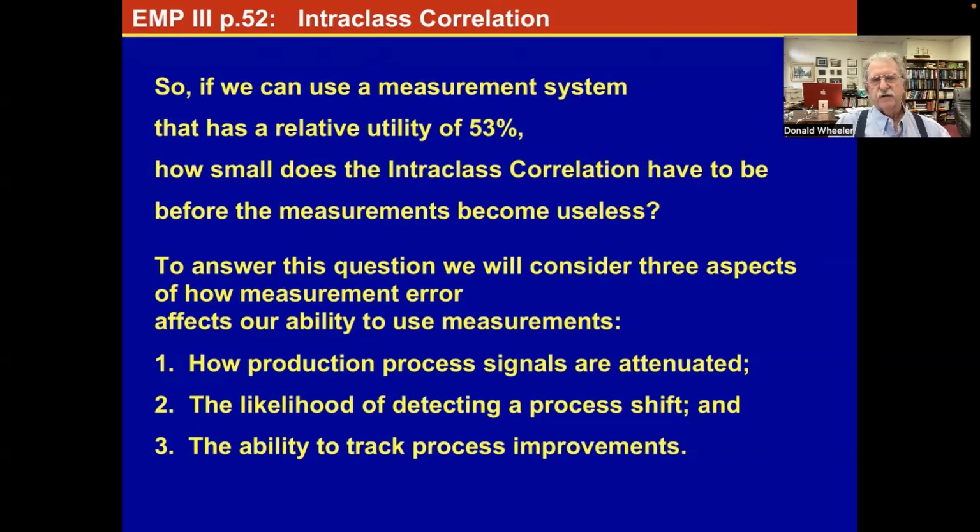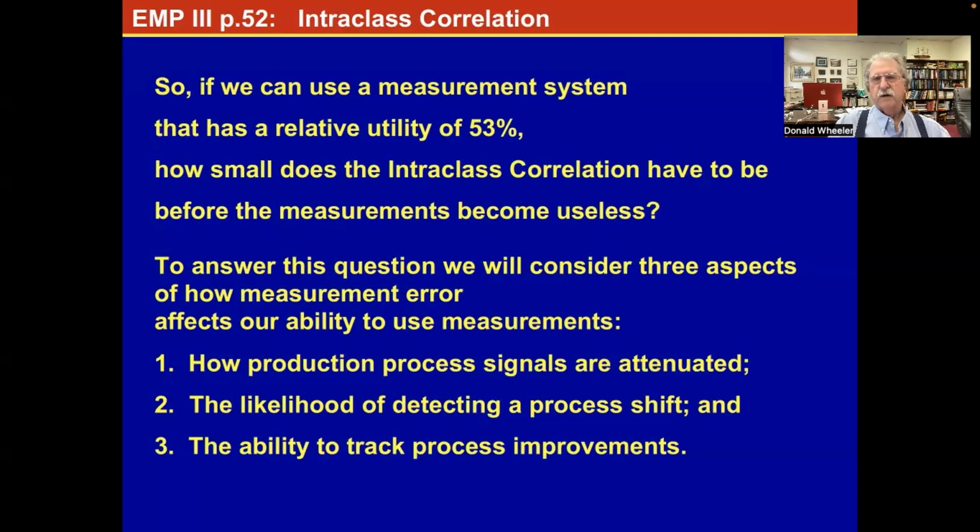To answer this question, we will consider three aspects of how measurement error affects our ability to use measurements. Number one, how a production process signal gets attenuated. Number two, what is the likelihood of detecting a process shift? And number three, what is the ability to track process improvements?